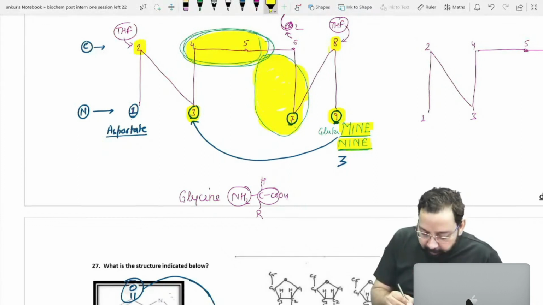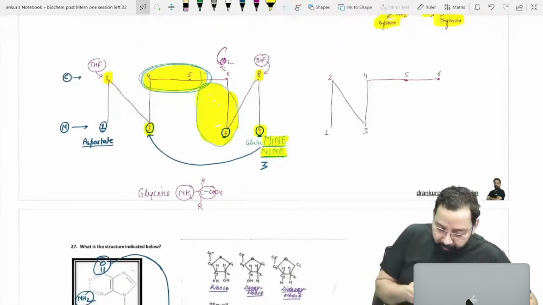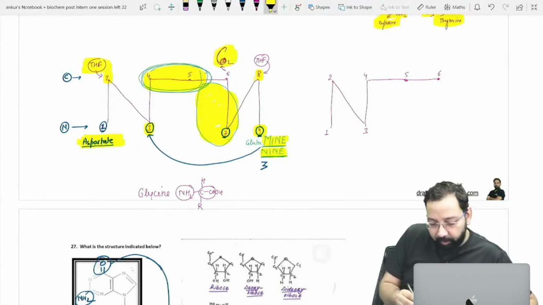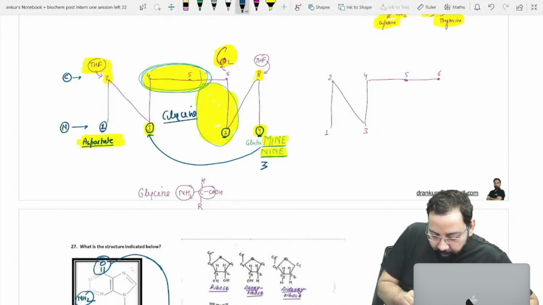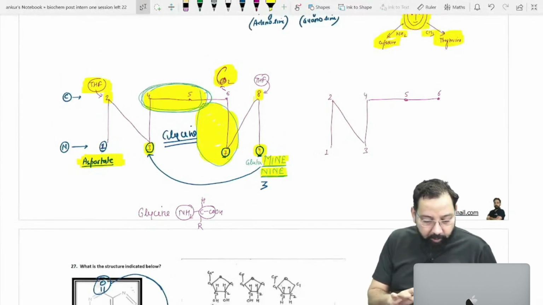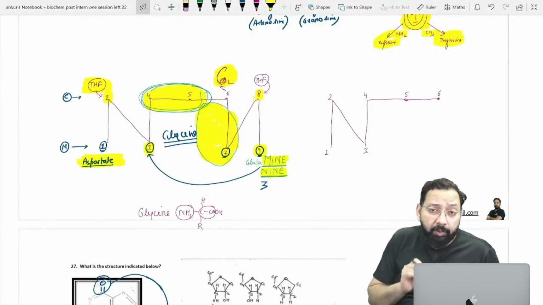Now you can say aspartate participate, folic acid, CO2, glycine and glutamine. So this is about all the atoms and which compound contributes them.